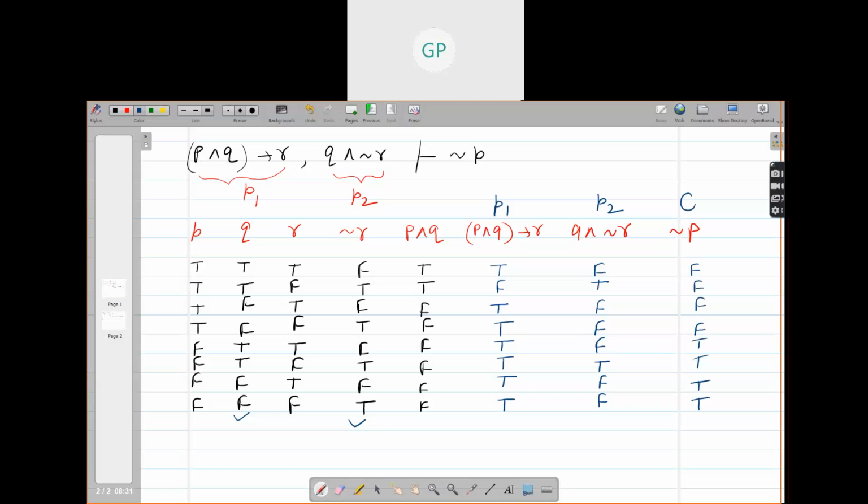Yesterday we saw two methods to check the validity. One method is you can extend this truth table to take P1 and P2. You can take the conjunction of these two, so you can have one more column and then take the conditional statement of this conjunction with the conclusion. So two more columns you can add.